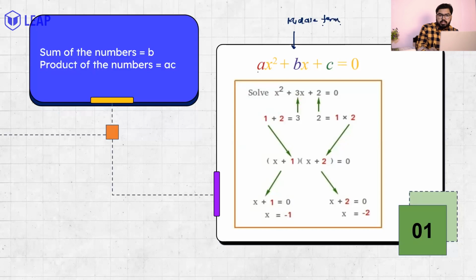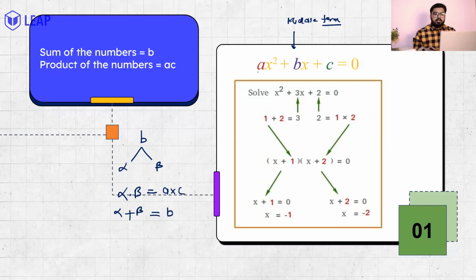So in the quadratic equation, b is the coefficient of x, which is the middle term, and you have to split the middle term into two terms, alpha and beta, such that the product of alpha and beta is equal to a times c, and the summation of alpha and beta is equal to the middle term itself, that is b. That's the condition for splitting it.